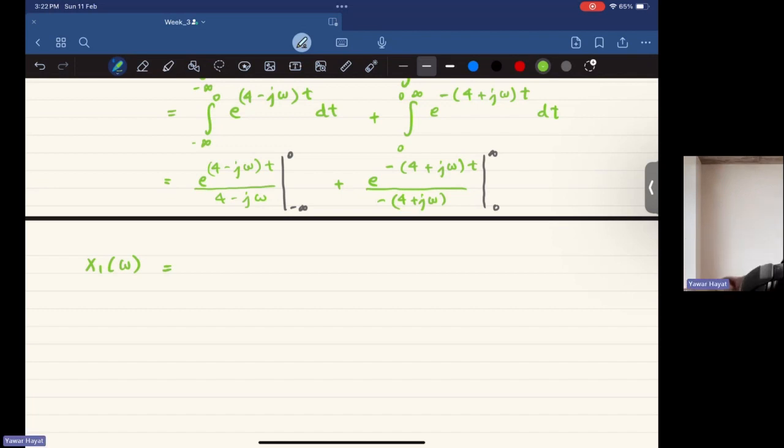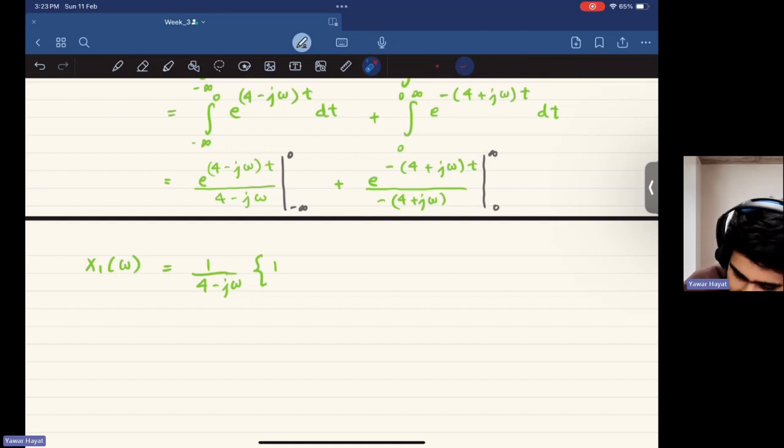When t is 0, 1 by 4 minus j omega can be taken out, and we are left with 1 when t is 0. And when t is minus infinity, this would be 0, right?